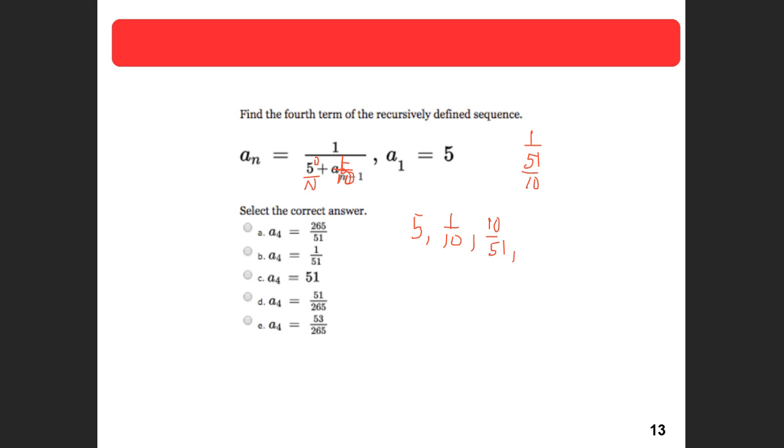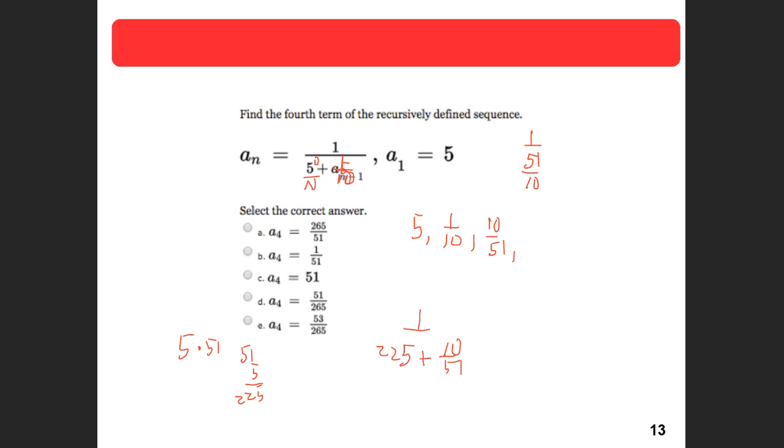So I've got 2 terms, right? So now to get the next term, I have to go 1 over 5 plus 10 over 51. I'm hoping I got that one right. So I need 51 as my common denominator. All right, so 5 times 51. I really should have done it this way. That's 225.